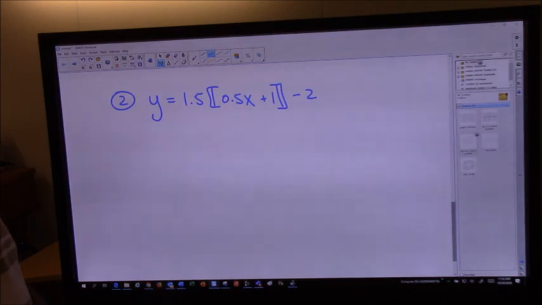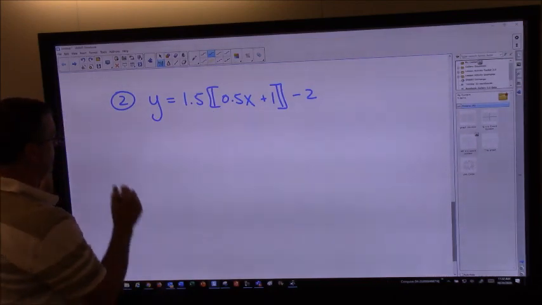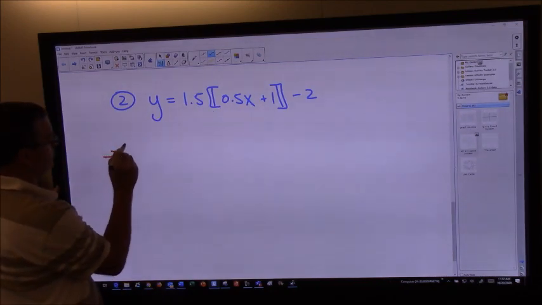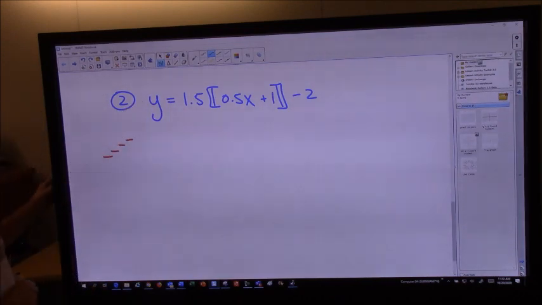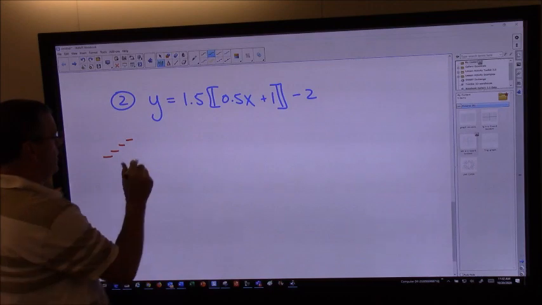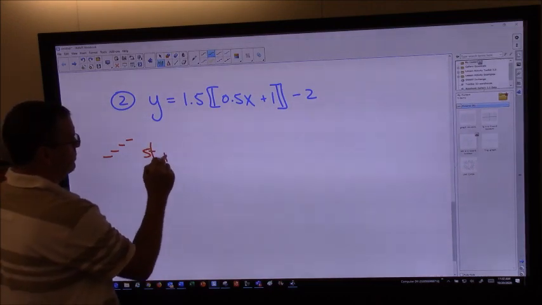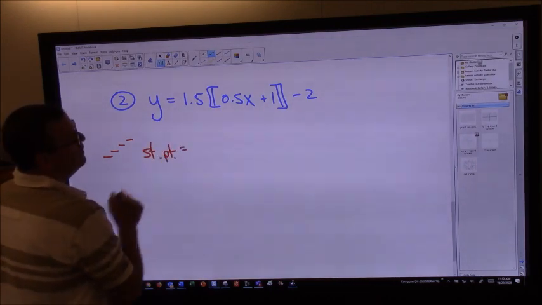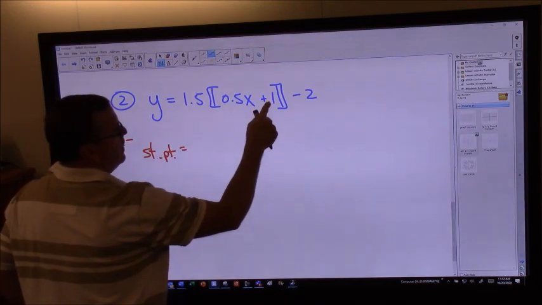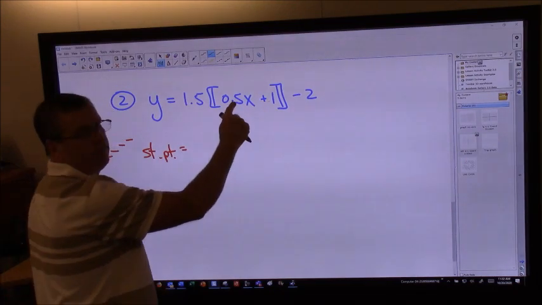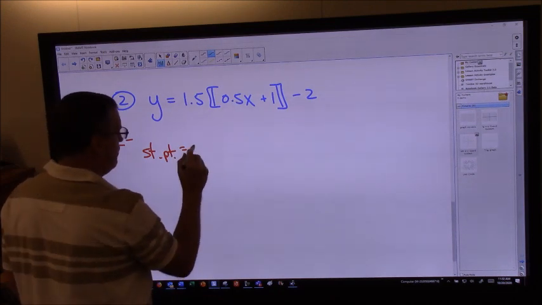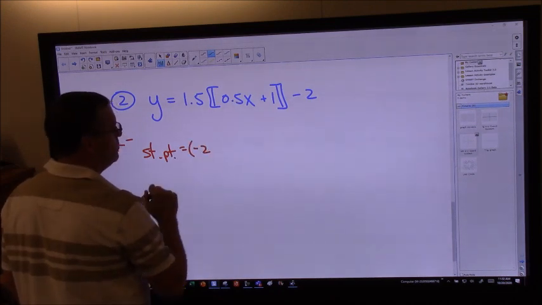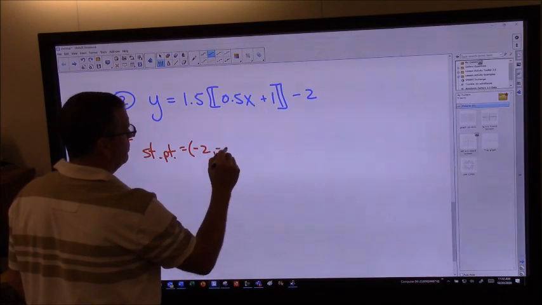Alright, so once again, A and B are both positive. That means my steps are going to go like this. I'm going up the stairs as I go left to right. My starting point is going to equal a -1 divided by 0.5. -1 divided by 0.5, that's a -2, comma -2.